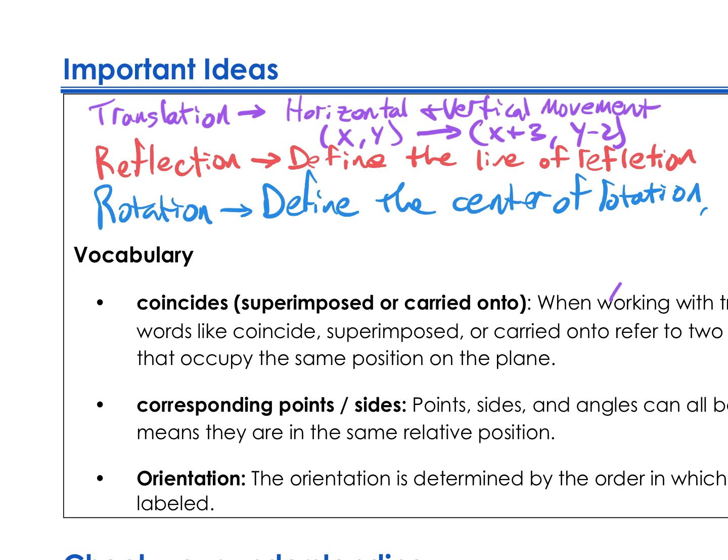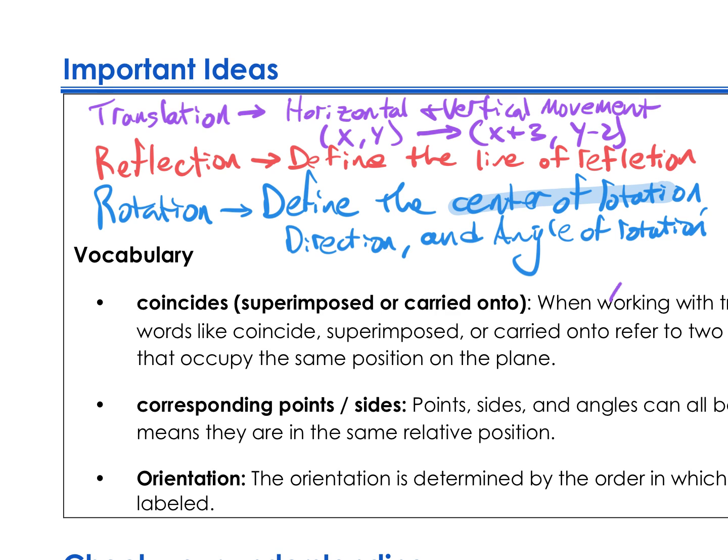And we also need to define the direction of the rotation, and the angle of rotation. So how many degrees are we going to rotate it? So we need all three of those things for a rotation. We need to find the center, direction, and angle.